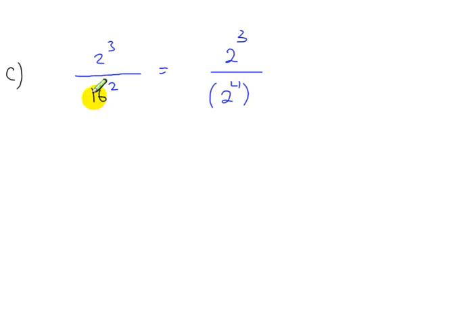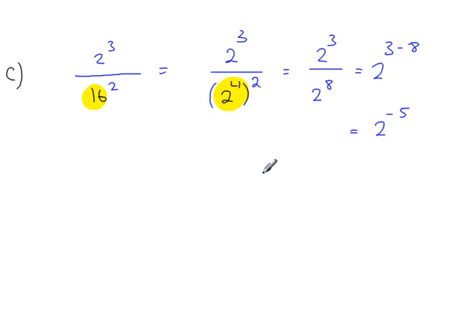So the 16 here, ignore the 2 there, just the 16 is the same as 2 to the power of 4. Now this 16 is to the power of 2, so this 2 to the power of 4 must also be to the same power, to the power of 2. So then simplifying, 4 times 2 is 8, 2 to the power of 8, and then subtracting the powers, that gives 2 to the power of 3 minus 8, which is minus 5.